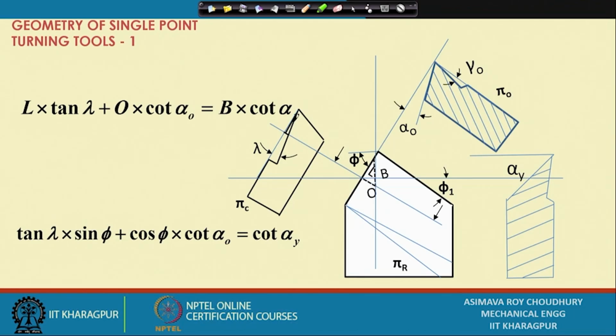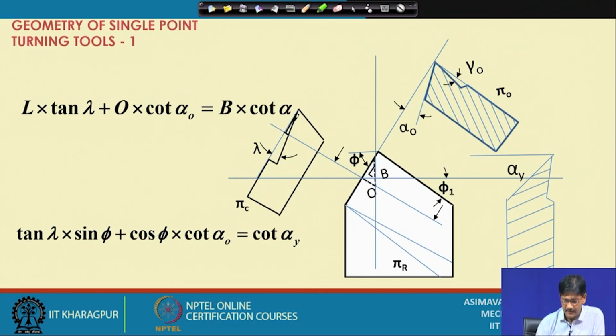So, a relationship between back clearance and orthogonal clearance. In order to establish this relationship, we are going to take this triangle shown here. One side is going to lie in this section, another side is going to lie in the section pi o, and the other one is going to be obtained in the view of the cutting plane.